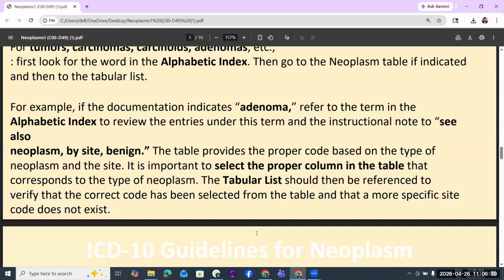Neoplasm by site, benign. The table provides the proper codes based on the type of neoplasm and site. It is important to select the proper column in the table that corresponds to the type of neoplasm. The tabular list should then be referred to, to verify that the correct code has been selected from the table and that a more specific site code does not exist.